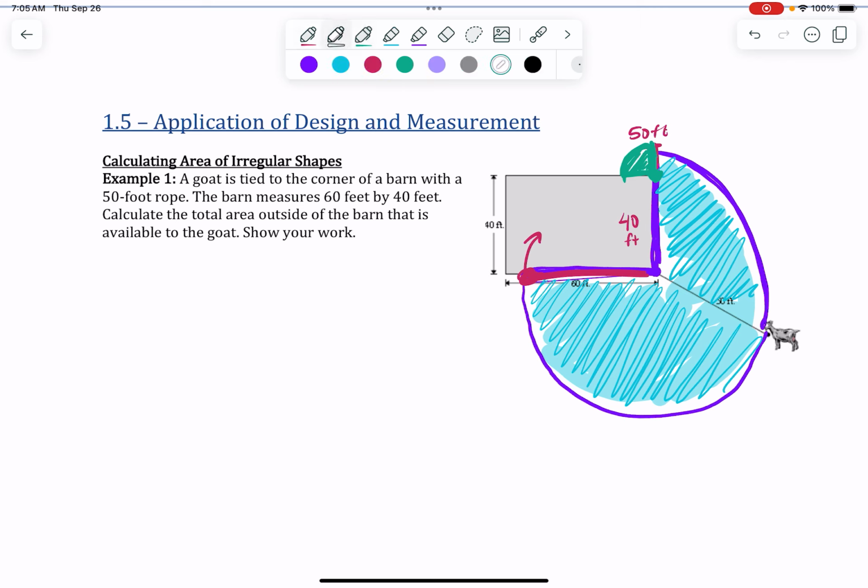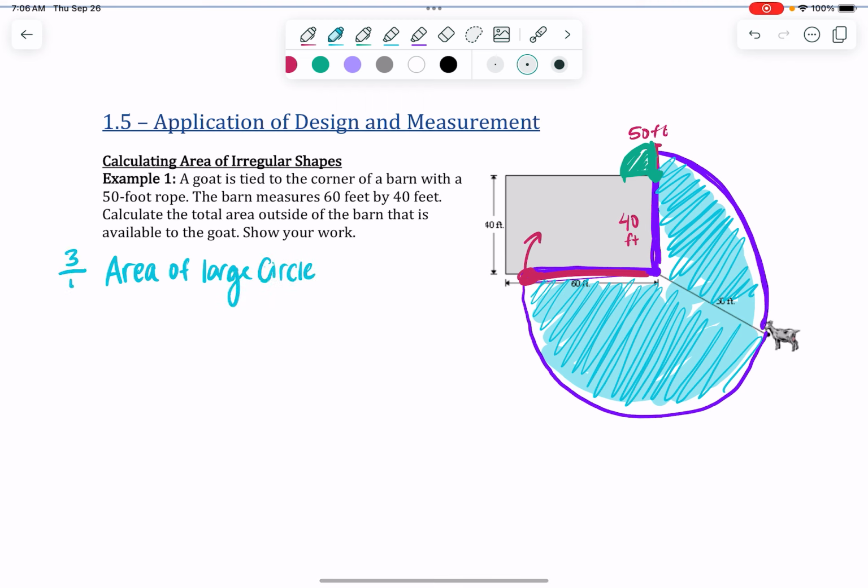So part of my area calculation here is going to be to find the area of the large circle, but there's only 3/4 of that circle here. So that blue part that was just highlighted can be calculated by going 3/4 of a large circle.